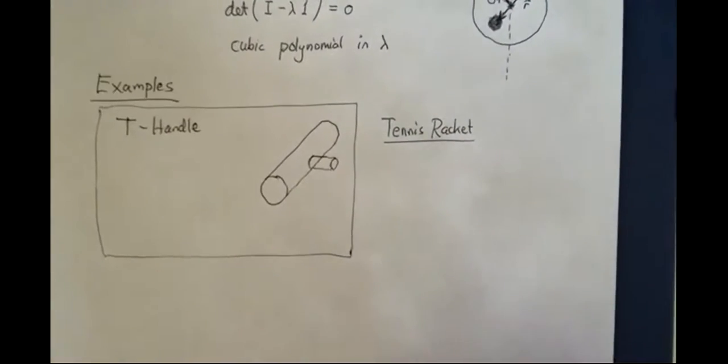Let's talk about a tennis racket. We could draw a picture. I think what I'm going to do here for the tennis racket, since I have a picture in the notes, is talk about this picture, which is available in the notes. I have to do a little origami here because I don't want to cause a PowerPoint overload.